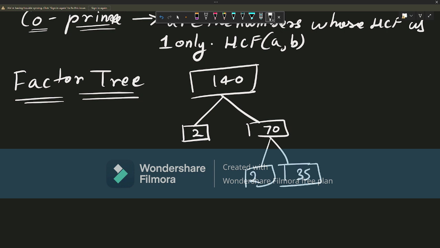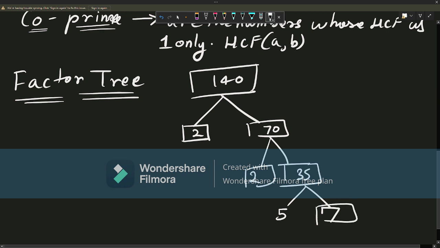Now 35 can also be simplified. It can have more factors. It is 5 and 7. Now as we know, 5 and 7 cannot have factors other than 1 and the number itself. So there's no point in making it even lengthier. This is how you have to draw a factor tree of any number.